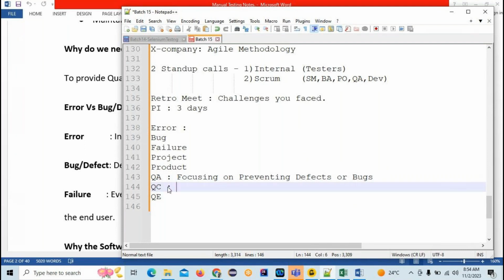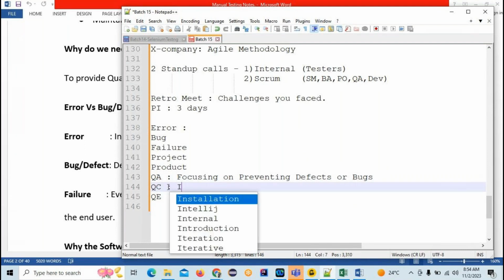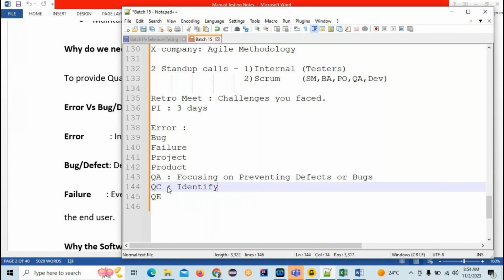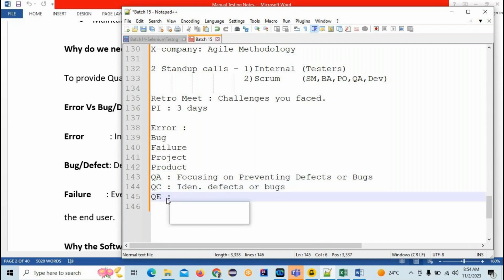Opposite to QA. Identifying defects or bugs. Then what is meant by QE? One who automates the manual.